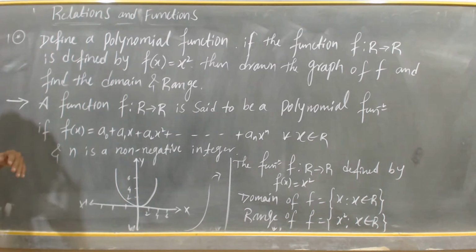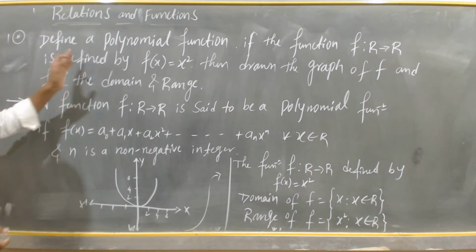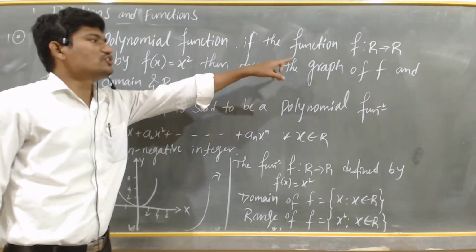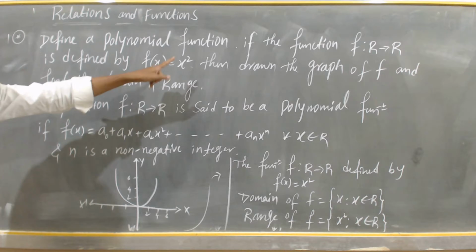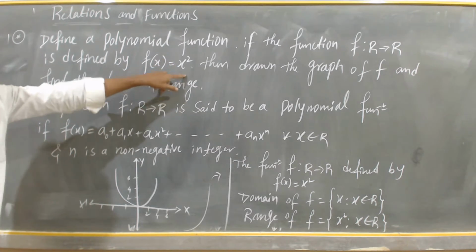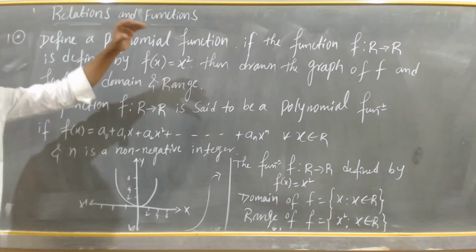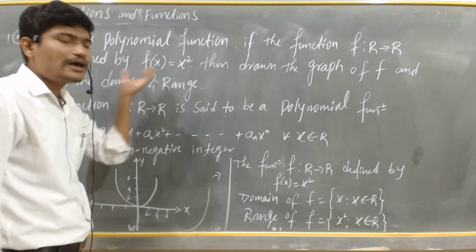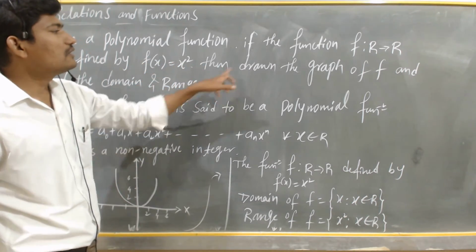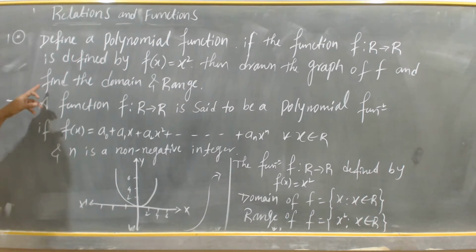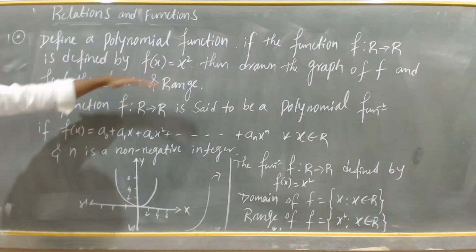This is just a knowledge purpose question. Define a polynomial function. If the function f from R tends to R is defined by f of x equal to x square. Here the function is given. There is no particular condition here. So through this example we will solve this one. Then draw the graph of the function f and find the domain and range of the given function.